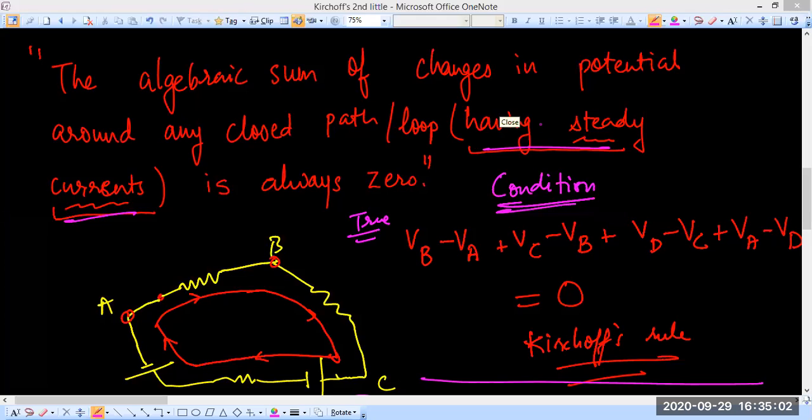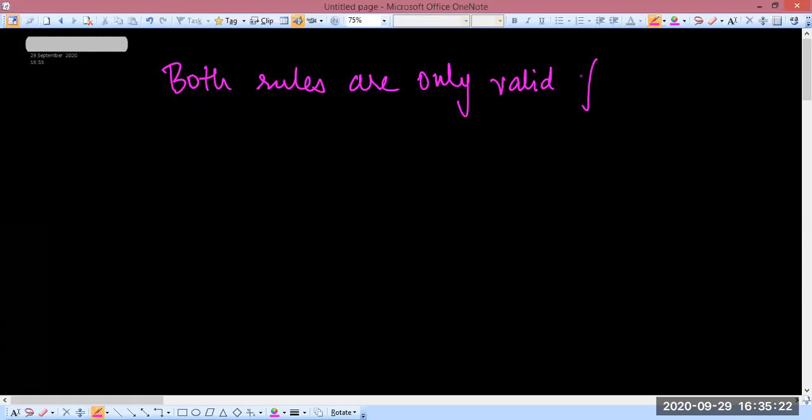Fine. All right, so these are the two rules. Okay, actually listen to this carefully, everyone. If you want to write it down, write it somewhere with a big heading. Both rules are only valid for steady currents. I'll just take a moment to explain what a steady current is.